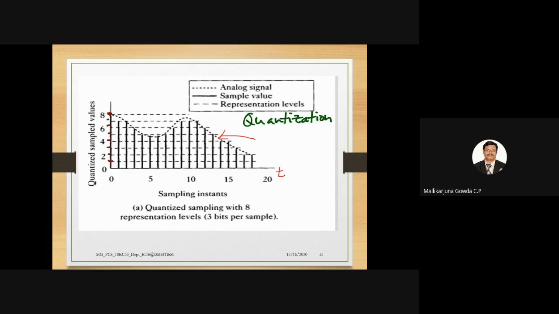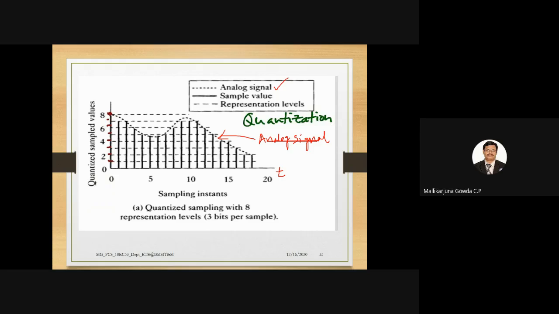Okay, so this is my analog signal. I hope it's already written; I need not write it again. So the dashed line is the analog signal, already shown here.